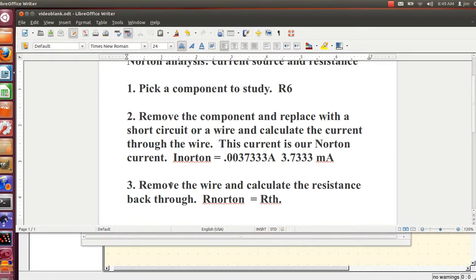I'm going to virtually short out voltage sources, and I'm going to open current sources for the purpose of calculating the resistor network.